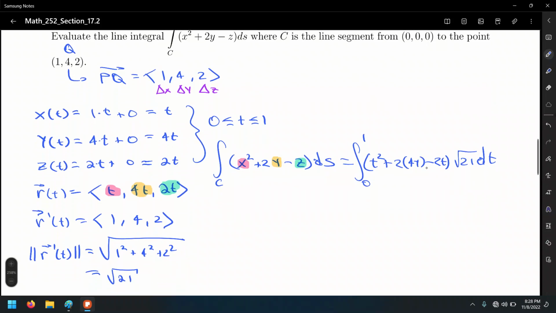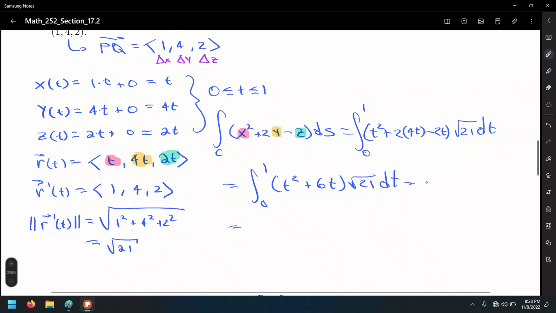Alright? Simplifying all this, that's going to be the integral from 0 to 1 of t squared plus, 8t minus 2t, that's a 6t, times square root of 21, dt. And well, this is just the general power rule.